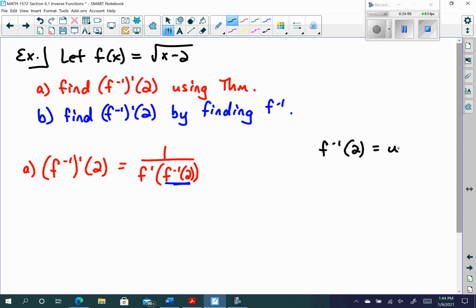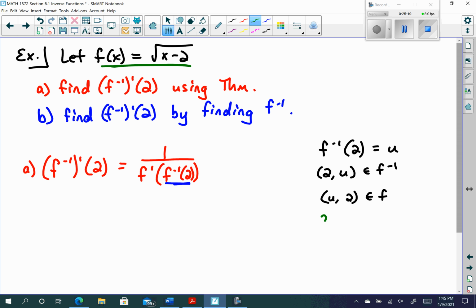So if you remember, this means that the ordered pair (2, u) is contained on the inverse. What that also helps us to understand is that (u, 2) would be contained on f. And we could figure u out now, because if I go back up here, there's my function f of x. So that means f of x is equal to 2.